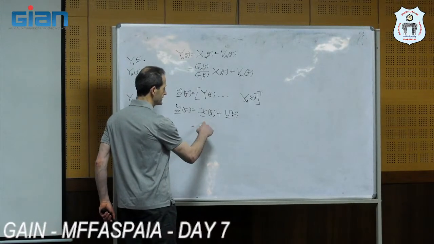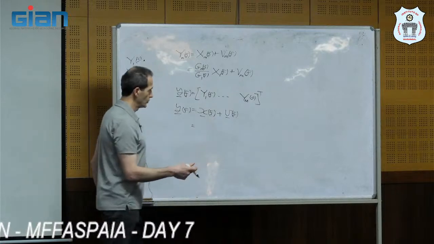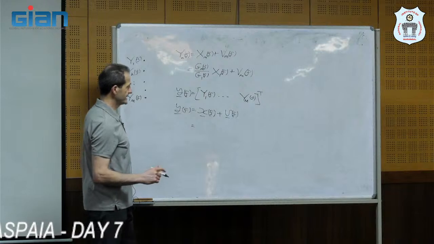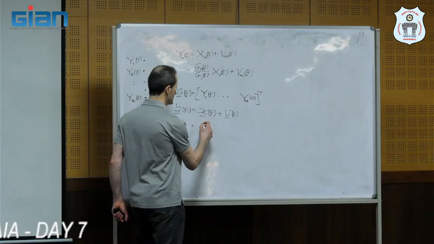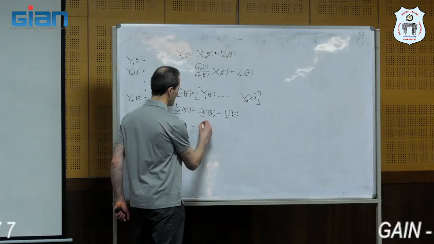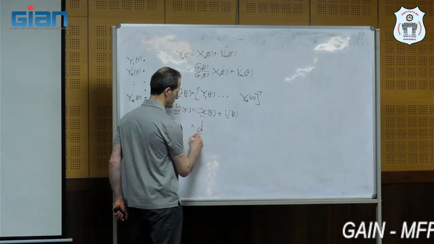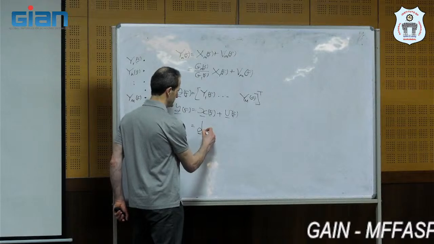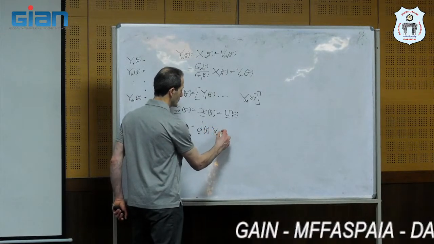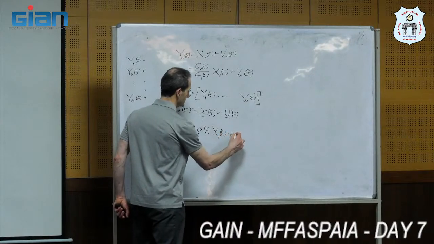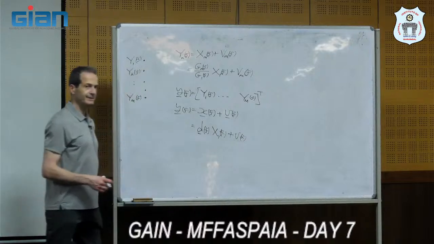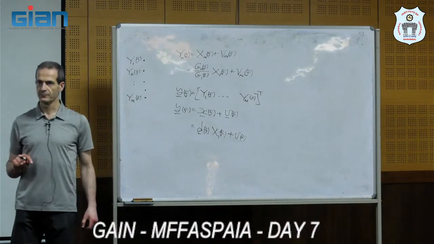But the advantage is that we can write it in such a way that it is related to the desired signal in the reference sensor by writing it like this: D, which is a vector, Df, multiplied with a scalar, x1f, plus vf.